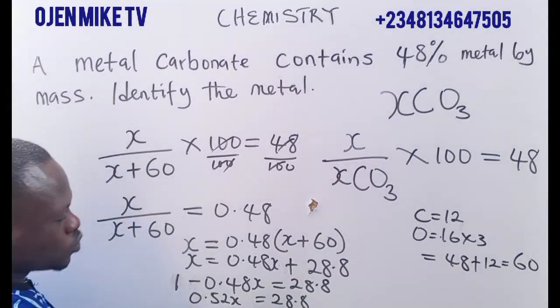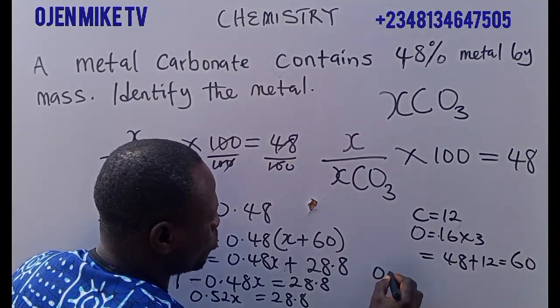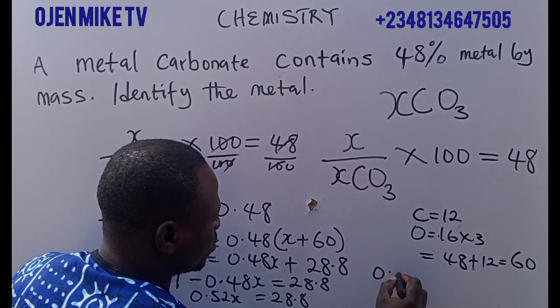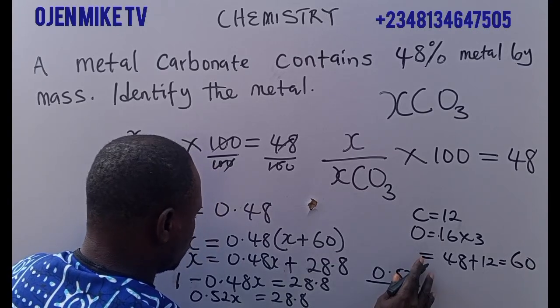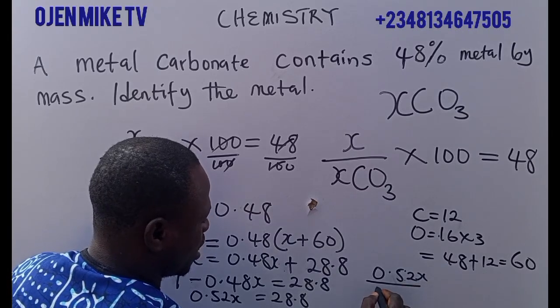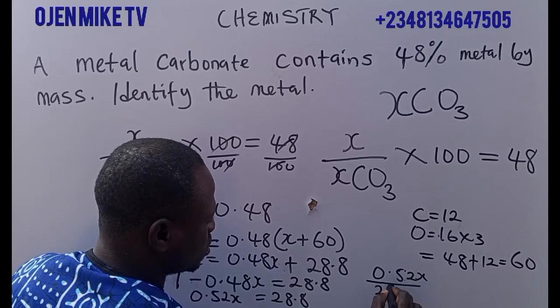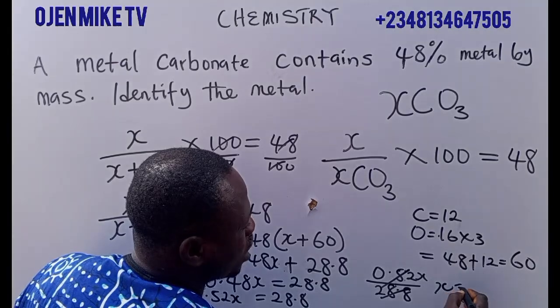All right. So what we do is divide both sides. If you divide both sides by 0.52, X will now give you 56.